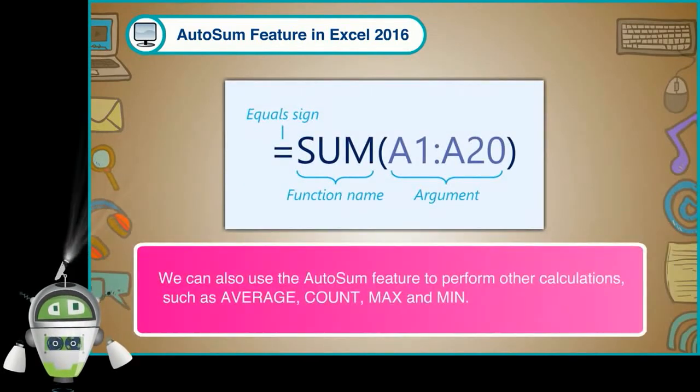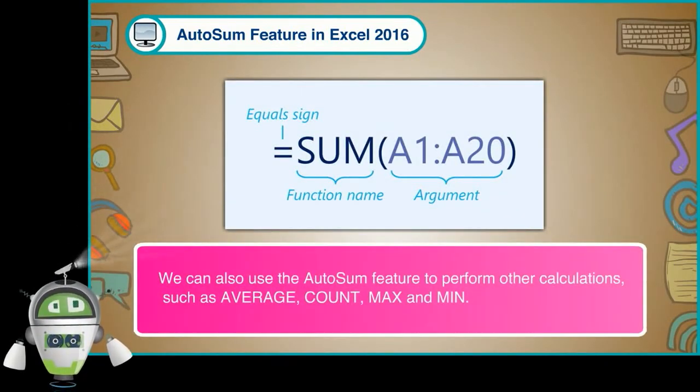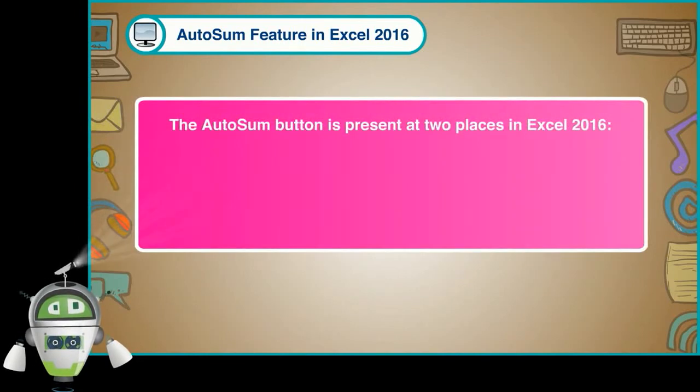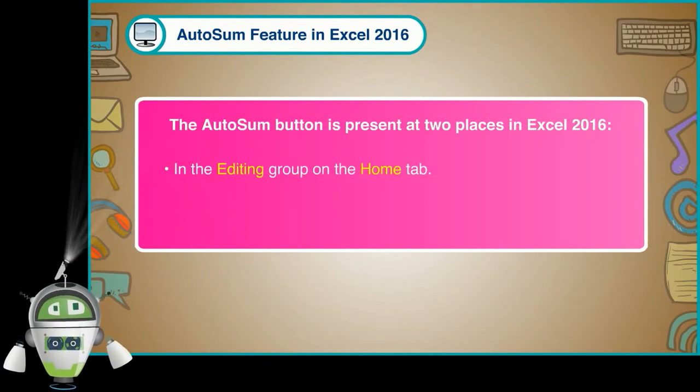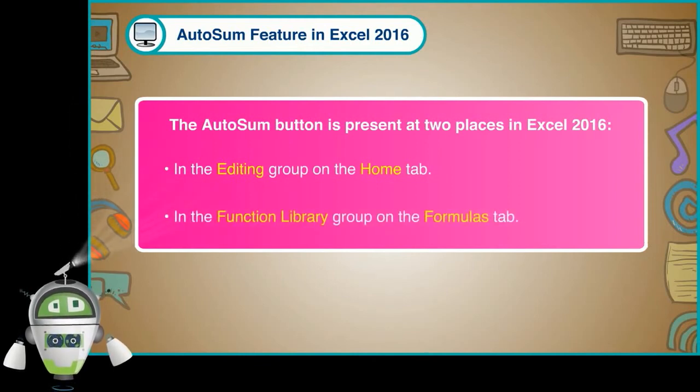We can also use the AutoSum feature to perform other calculations such as average, count, max, and min. The AutoSum button is present at 2 places in Excel 2016, in the Editing group on the Home tab, and in the Function Library group on the Formulas tab.